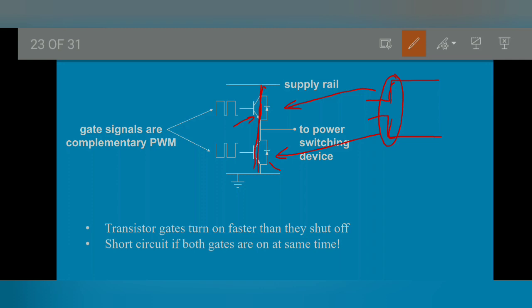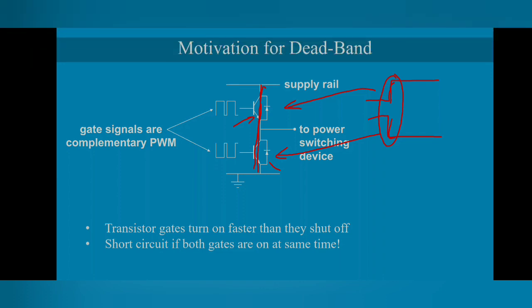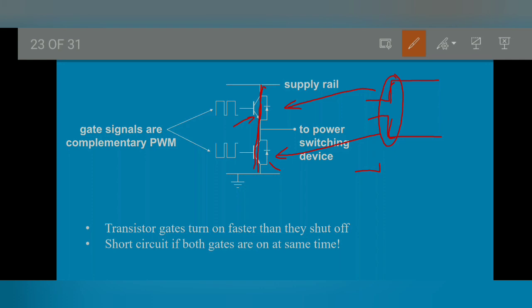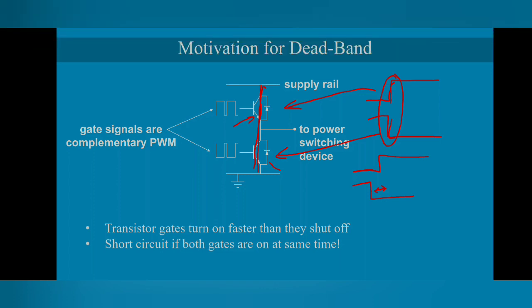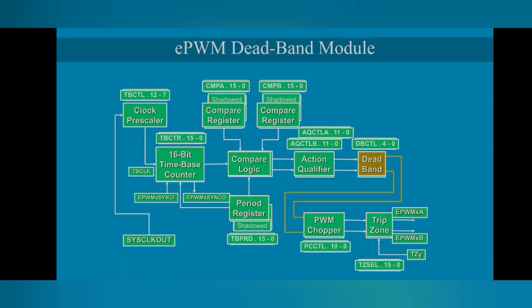To avoid this, we need some kind of delay. When one switch is turning off, it should turn off completely, and only after a certain interval of time should the other switch be turned on. This motivates us to use the deadband for PWM generation.